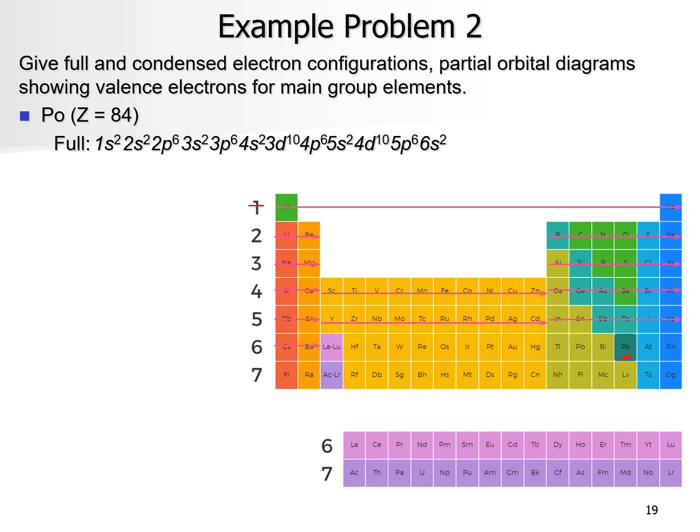And then remember, we're in the inner transition block, the f block. As we hit the end of this f block, remember that is 4f, (n-2). At the end, there will be 4f14. Going back, as we finish the d block, that will be 5d10.